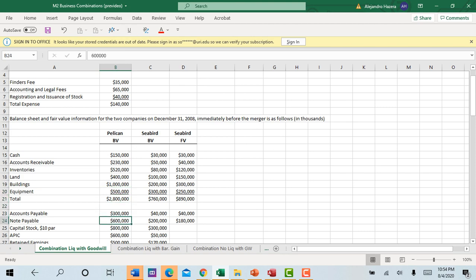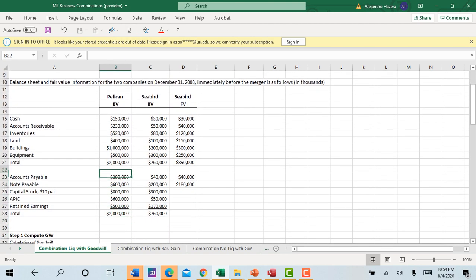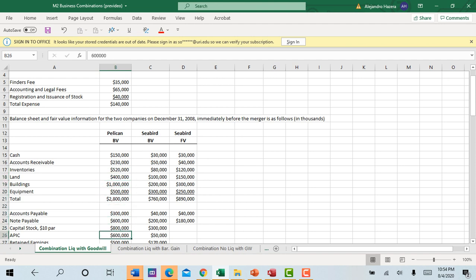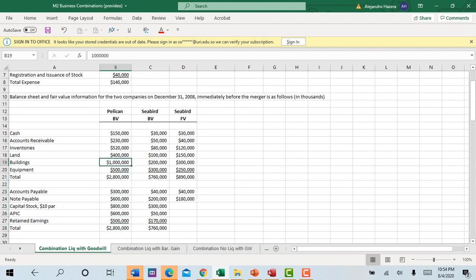Okay, so here's what we got. What this example gives you is three balance sheets. There's cash, accounts receivable, inventories, land, buildings, equipment, total. This is the parent. It's got a larger balance sheet than the subsidiary.